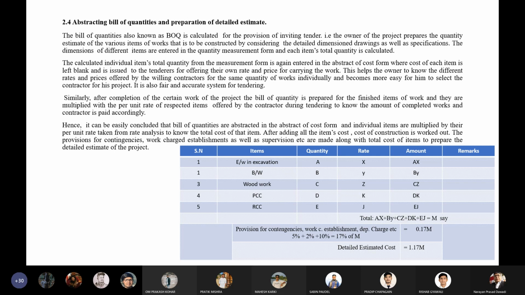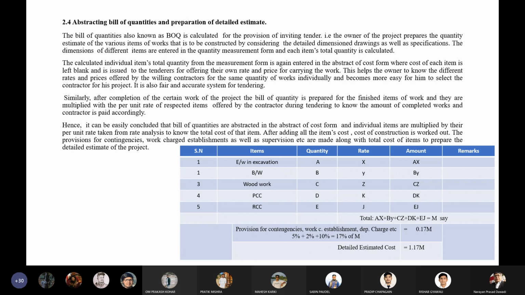Suppose the total quantity of that item, which is calculated in the measurement form, is A cubic meter. Then if the rate of that digging or excavation of soil is X rupees per cubic meter, then the total cost of the excavation will be AX.